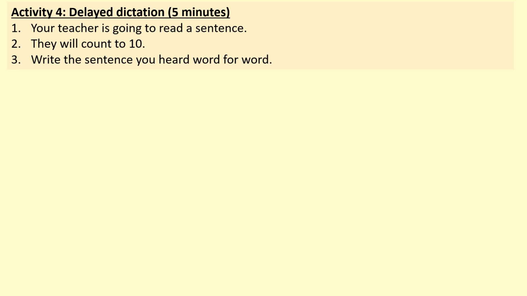I'm going to read you a sentence, and I'm going to go 10, 9, 8, 7, 6, 5, 4, 3, 2, 1. And then you're going to write that sentence in your books.